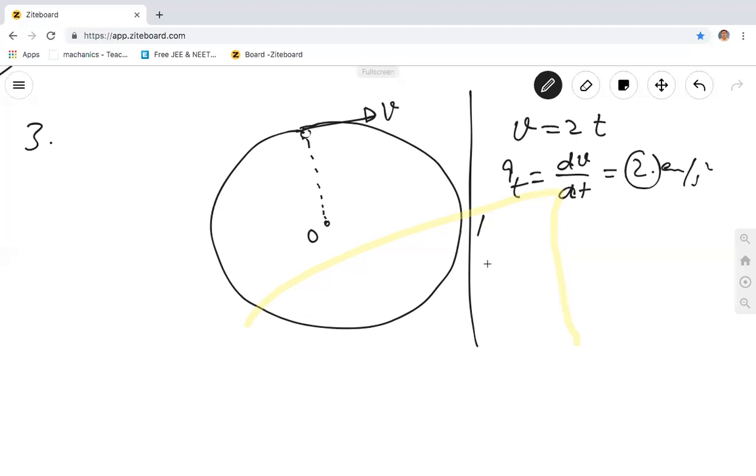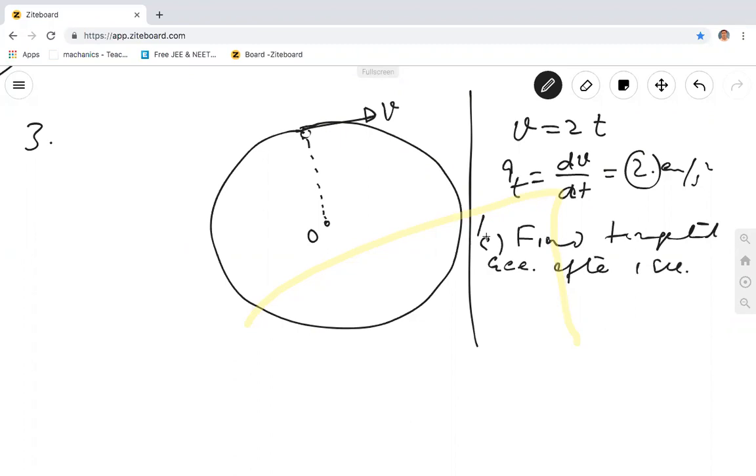Okay, now what is the question he asks us? He asks us to find the radial acceleration of the particle. First I will answer the second question. Find tangential acceleration after 1 second.